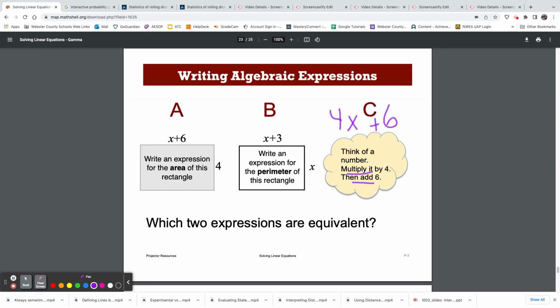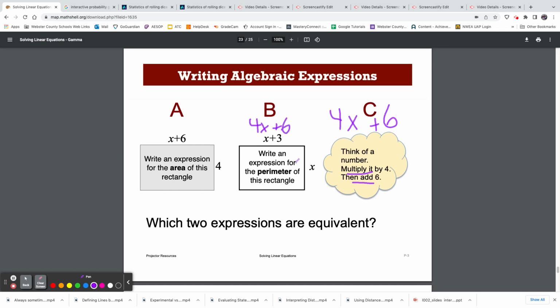If they wanted you to add and then multiply, then I would have to go back and put in parentheses. If you remember when I did the perimeter, I could have added x plus 3 plus x plus 3 plus x. That ended up giving me 4x plus 6.